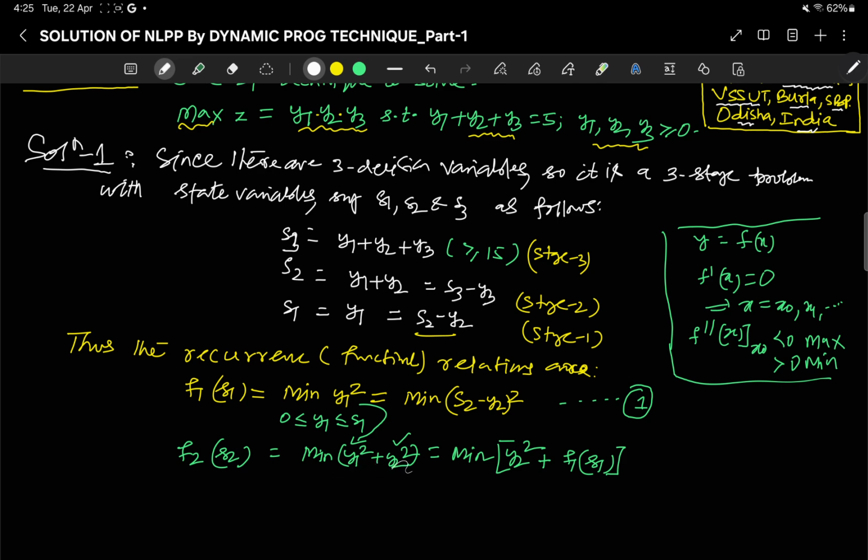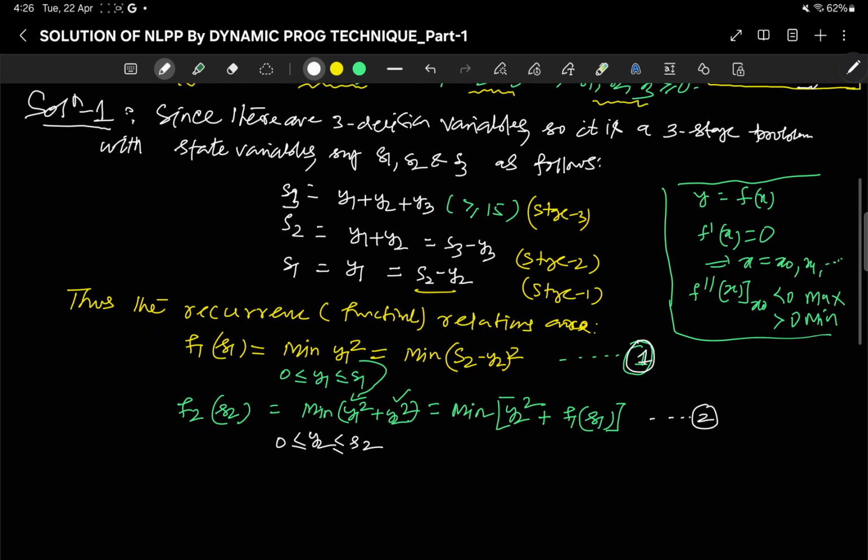The range of y2 is 0 less than or equal to y2 less than or equal to s2. Let this be equation number 2.